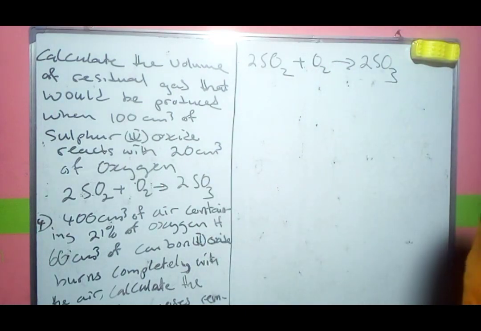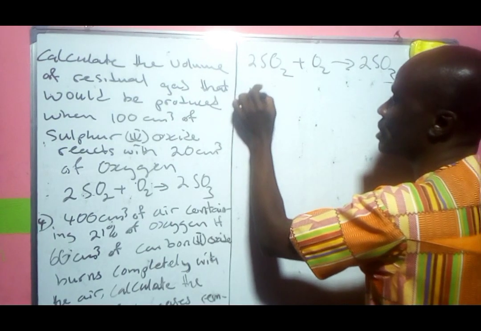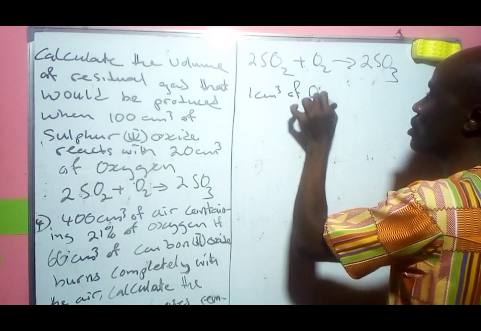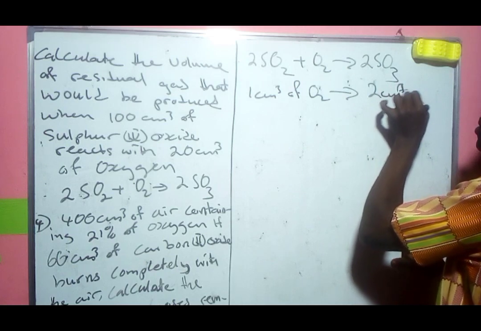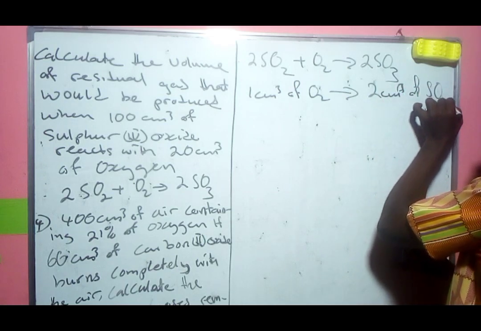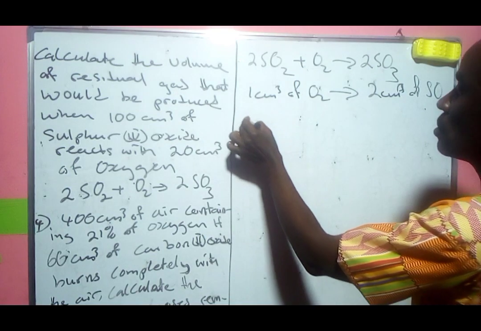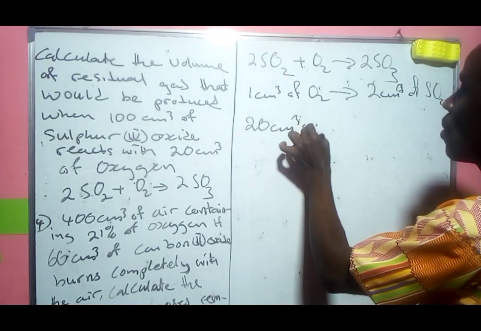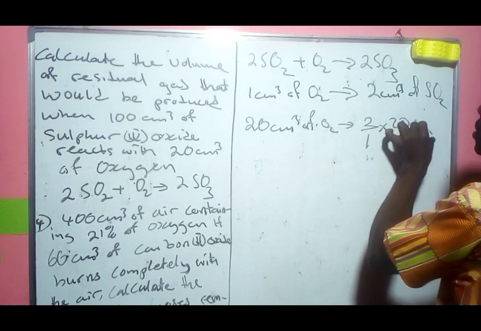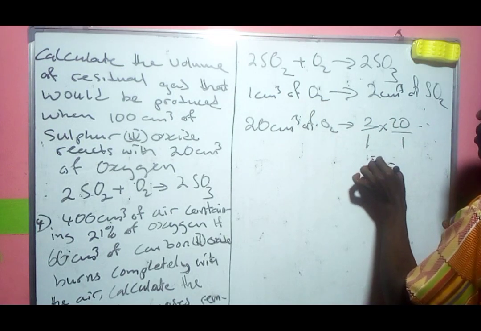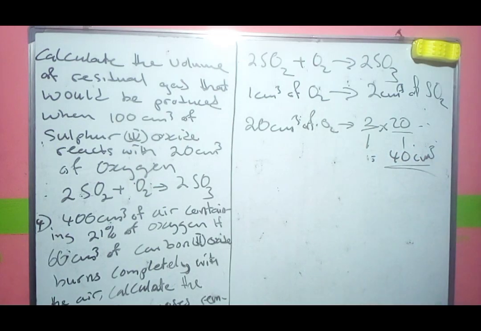Looking at the chemical equation, we know that 1 cm cube of oxygen will react with 2 cm cube of sulfur 4 gas. So 20 cm cube of oxygen will then react with 2 over 1 times 20 over 1. That will give us 40 cm cube.